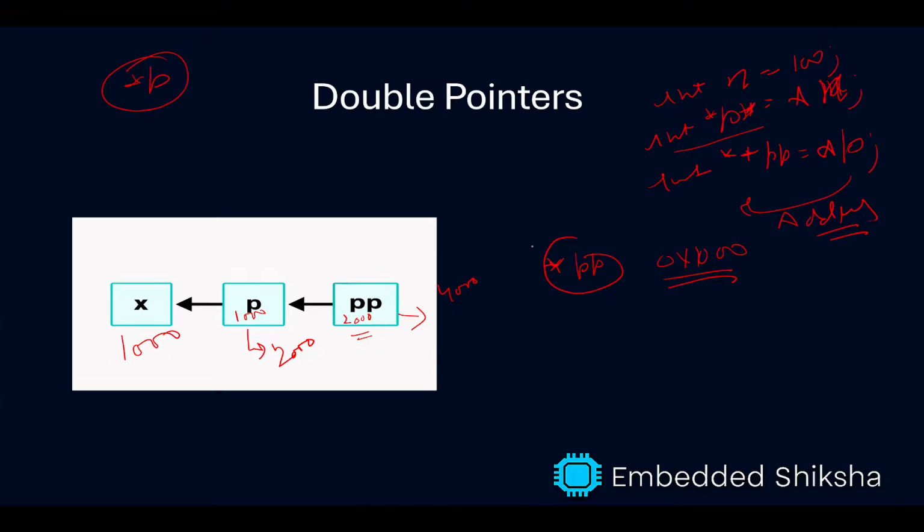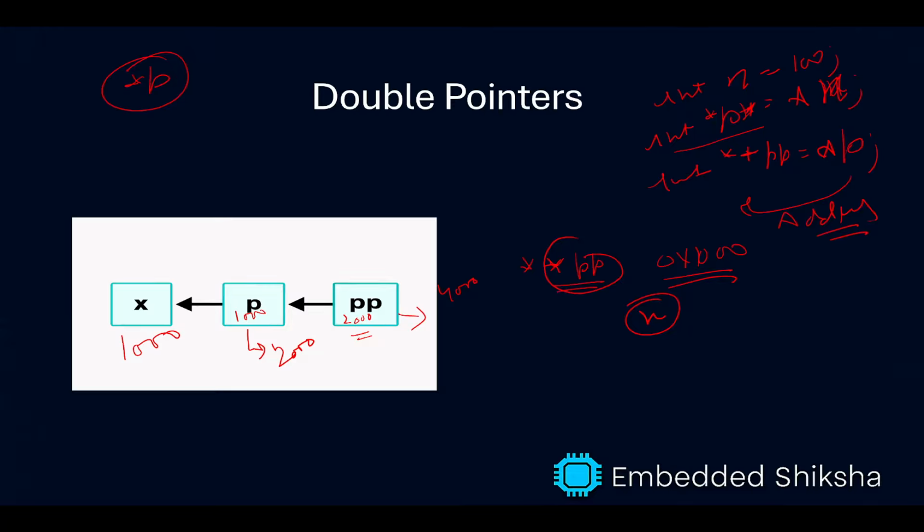Now if I use a double star on this, then what will it give? The first star gave me the value 0x1000. Now if I use star again, it will give me the value at this particular address, and the value at address 1000 is my x variable. So it will give me x as an output.